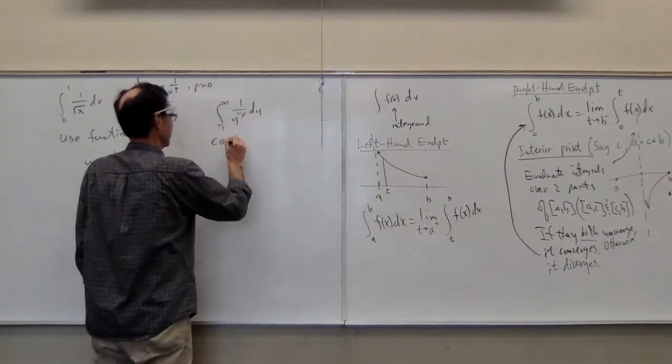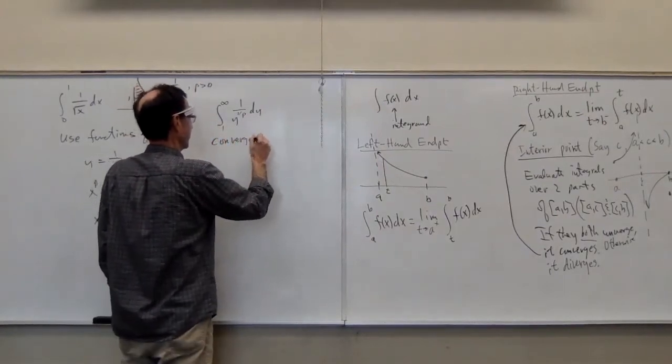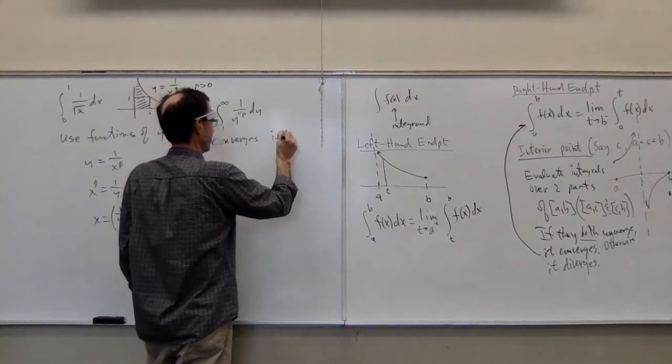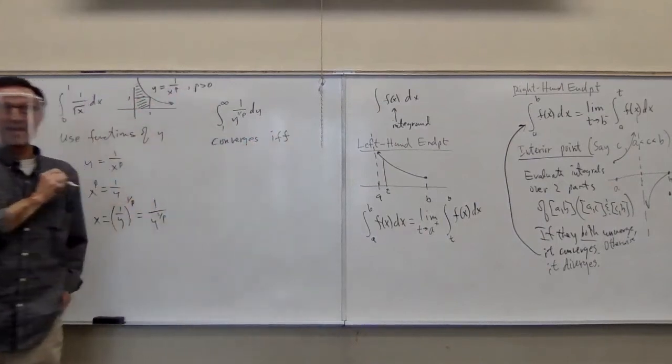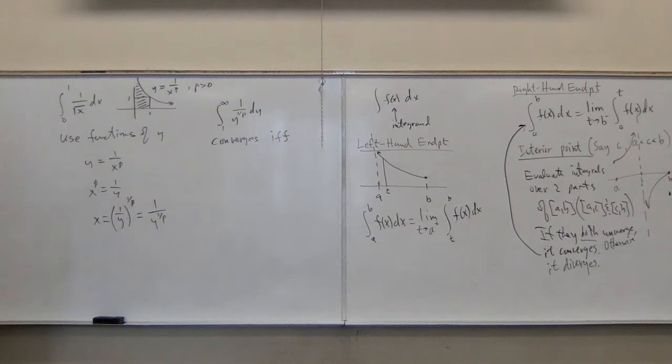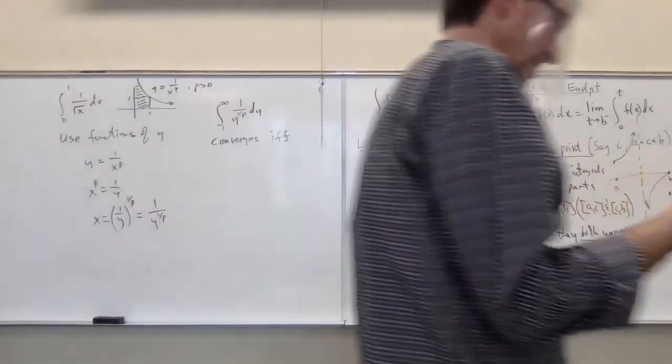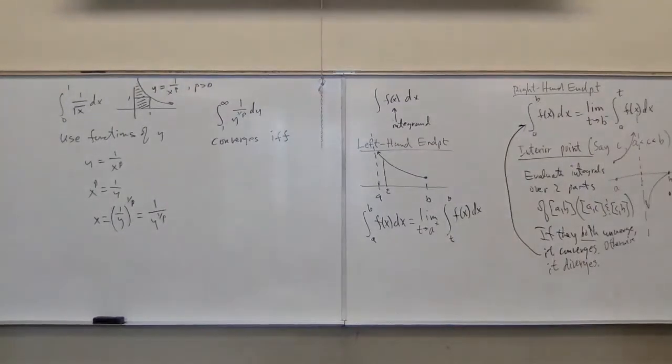Converges if and only if. We mathematicians have an abbreviation for if and only if, IFF. In connection with the P integral theorem, we say the integral converges if and only if P is bigger than 1.